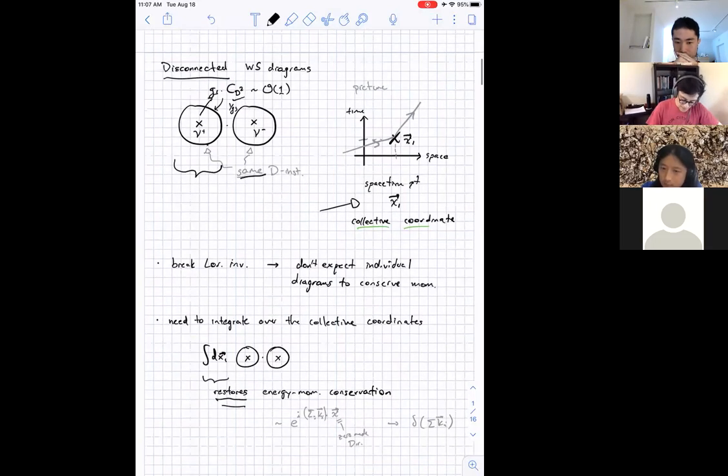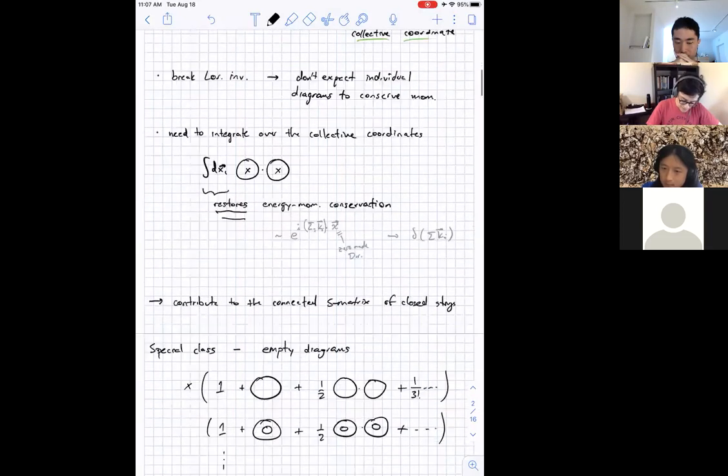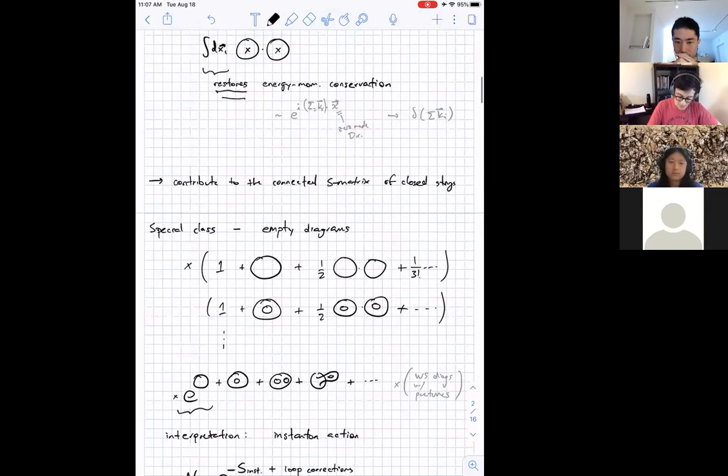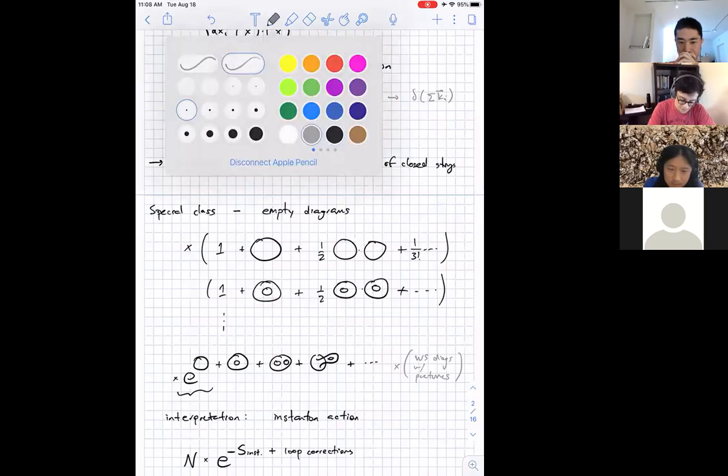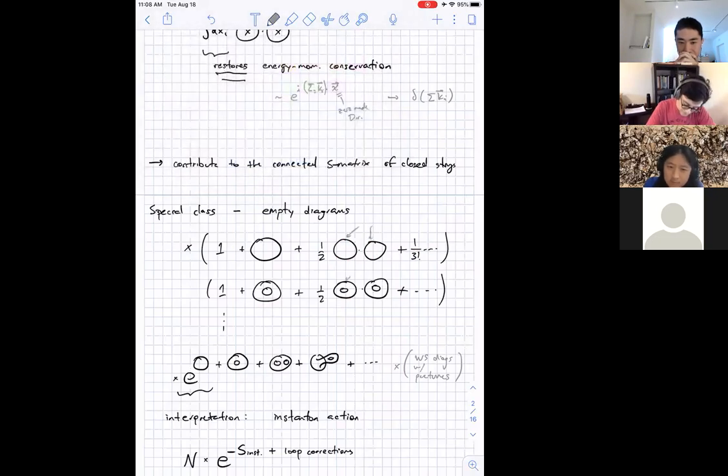Okay, a second aspect that is important is, once we know that we're supposed to include these disconnected diagrams, well, an obvious class would be empty diagrams. For example, we have an empty disk here, or 2 empty disks, or 3 with appropriate symmetry factor, or cylinder diagrams. And in these pictures, all the boundaries here lie on the same D-instanton.